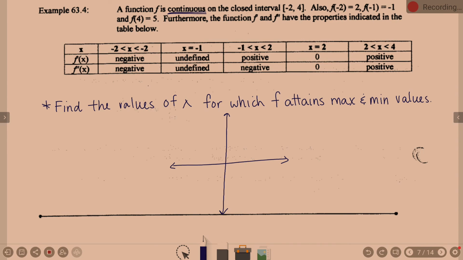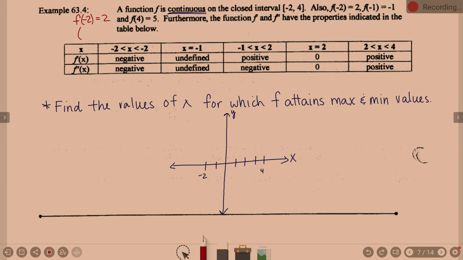Now we're specifically talking on the interval from -2 to 4, correct? Information they share with us: they tell us that f of -2 equals 2.